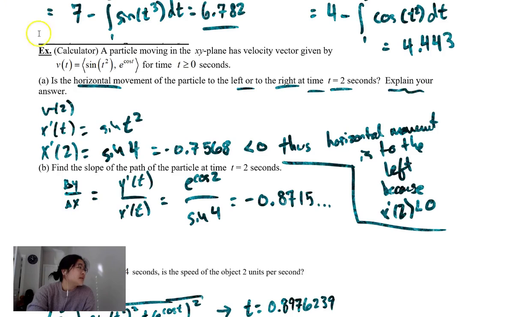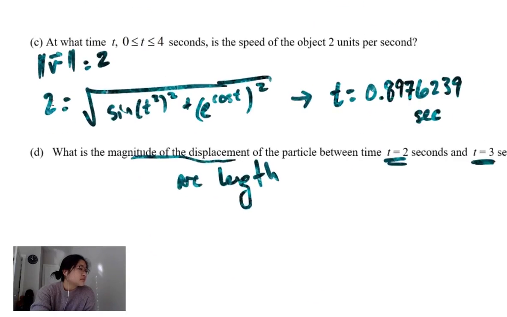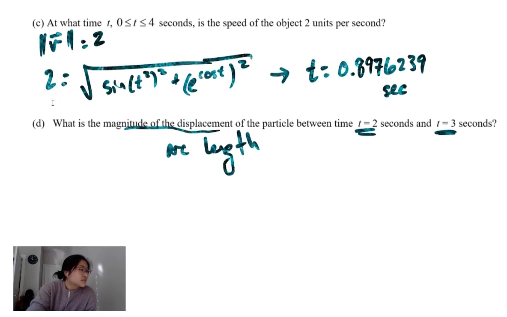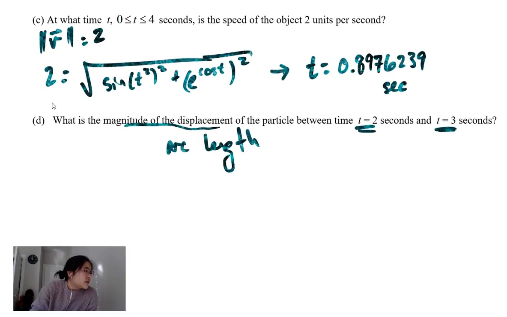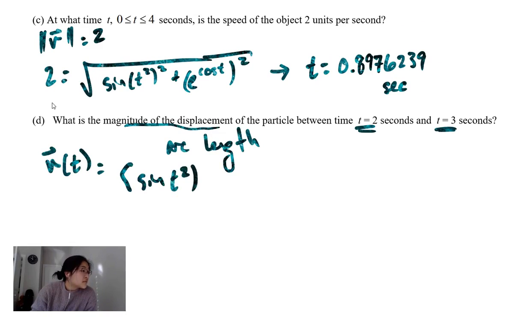All right. Let's see. So we have our velocity, which is sine of t squared and e to the cosine of t.